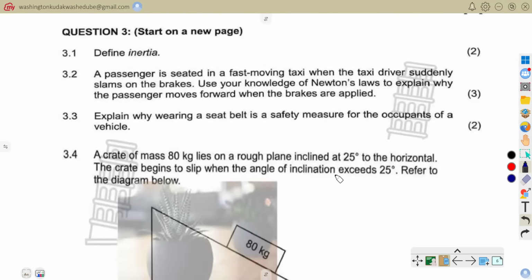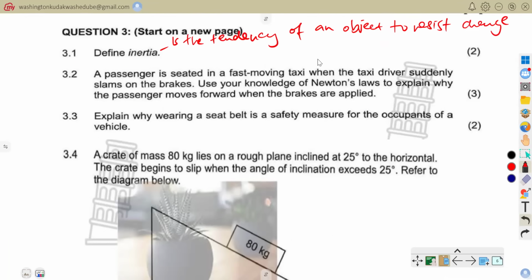Now let's go to question number 3. It is saying define inertia. So inertia is the tendency of an object to resist change in motion.